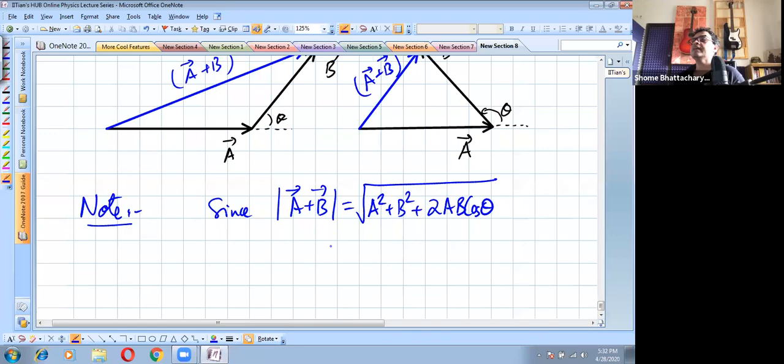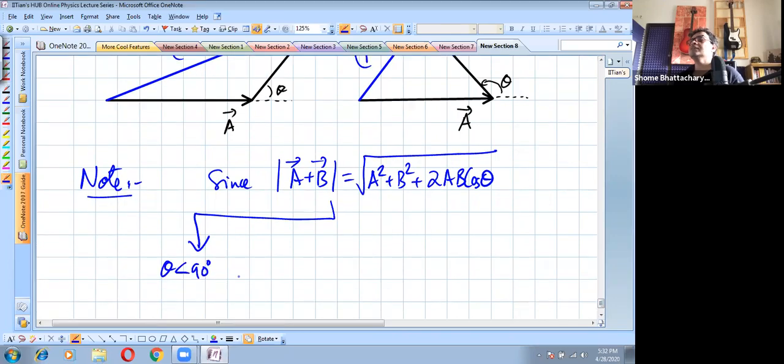We can divide this into three categories. If theta is acute, less than 90 degrees, then what happens? Cos theta is positive. We've already done a question based on this. Cos theta is positive. That means the mod of A plus B is actually greater than the hypotenuse of A and B. It becomes greater than root of A square plus B square. So this is something useful to be mindful of.